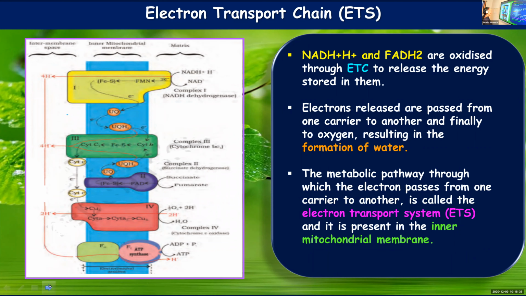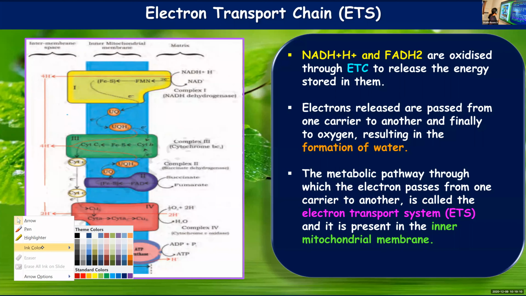And you can define ETS, the electron transport system, as the metabolic pathway through which the electron passes from one carrier to another.